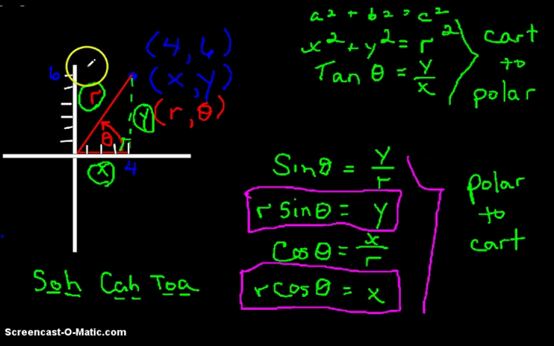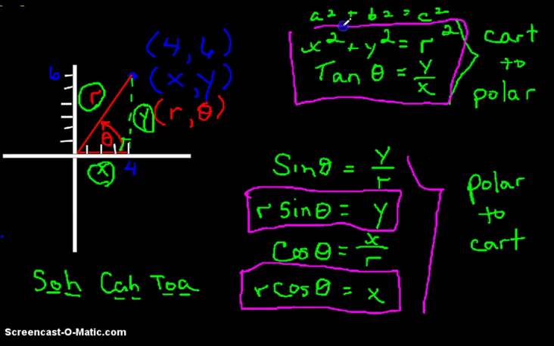And then when we're going from Cartesian to polar, of course, then we will want these two. That was kind of sloppy. Let's try that one more time. Okay. So there you have it.